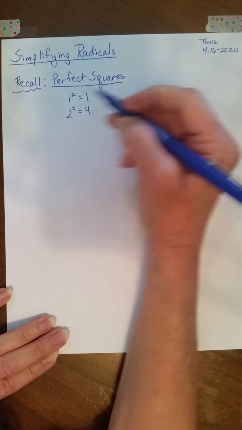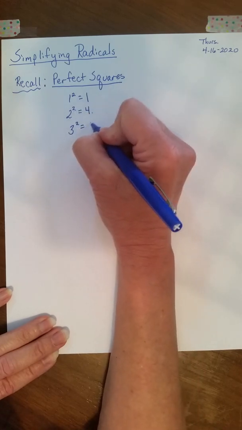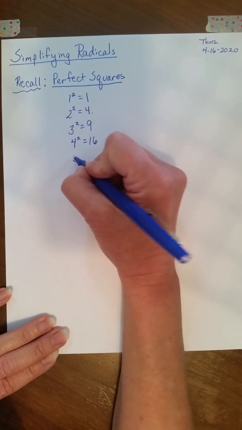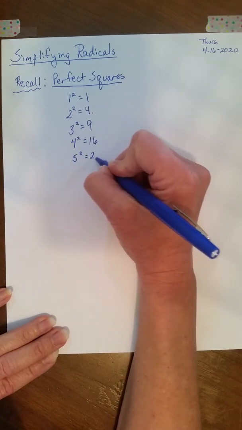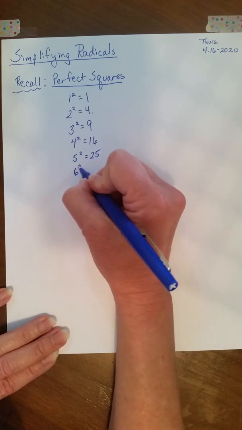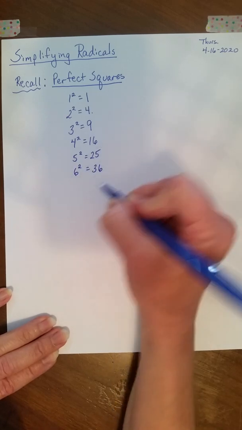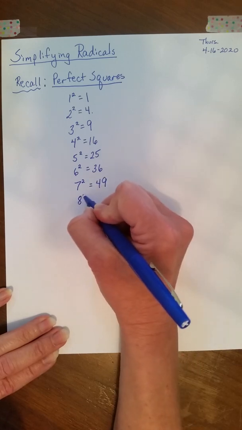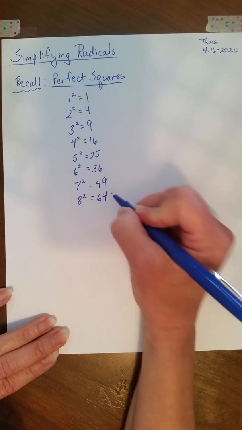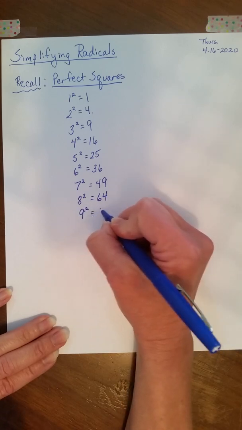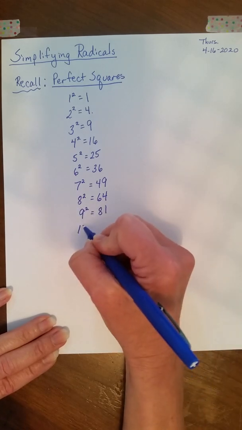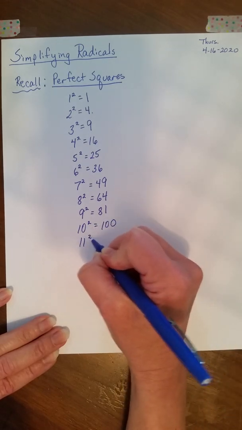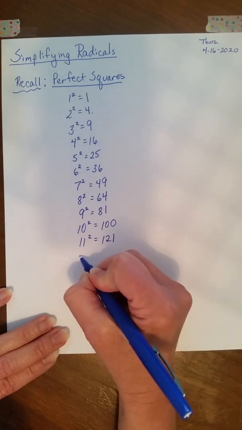That's a perfect square. 3 squared, 9. 4 squared, 16. 5 squared, 5 times 5 is 25. 6 squared, 36. 7 squared, 49. 8 squared, 64. 9 squared, 81. 10 squared, 100. 11 squared, 121.